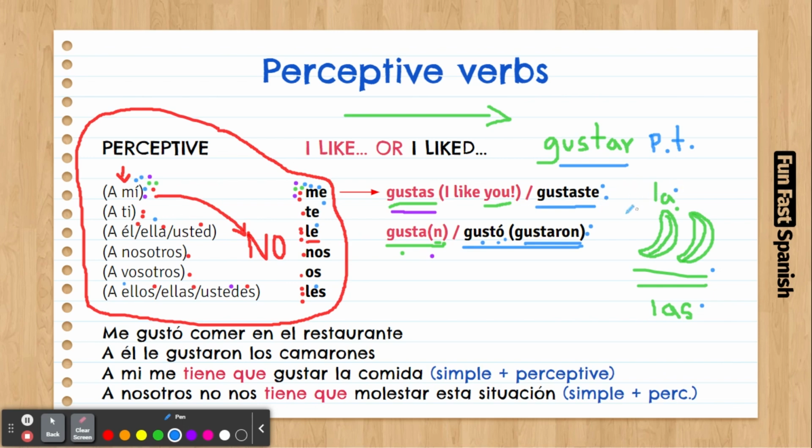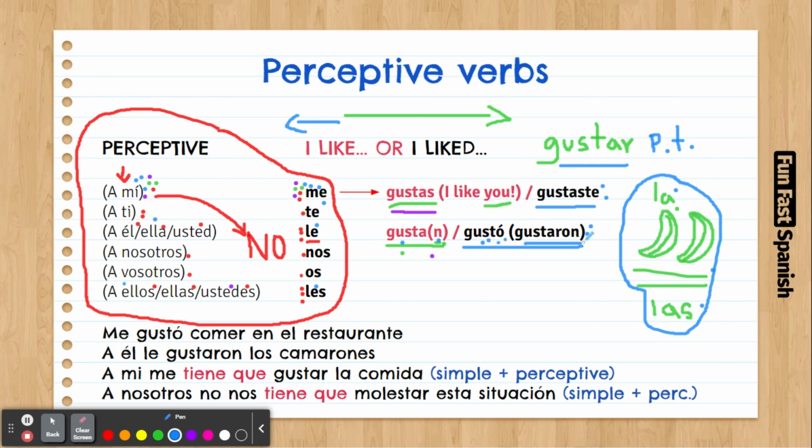I liked you. So you can see now how the perceptive structure, plus how to put the verb here, is kind of tricky. But the most important thing is that first of all you nail the structure, what is on the left, and also that you start being aware of how to conjugate the verb according to the tense, if it's present or past, and according to the things you're referring to, if it's singular or plural.